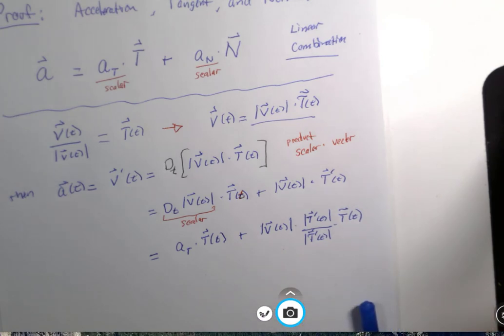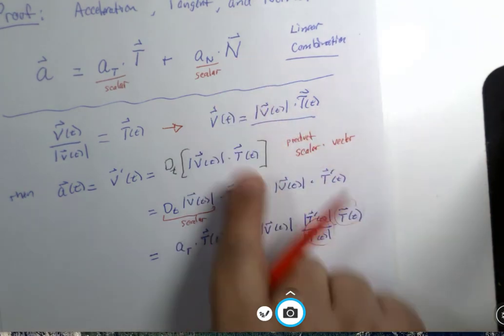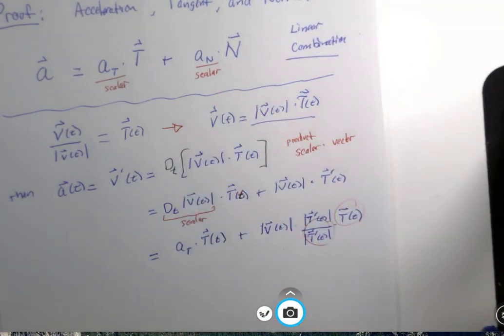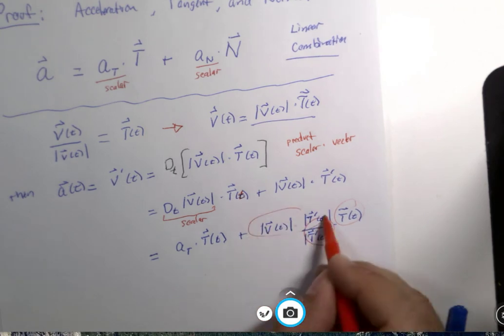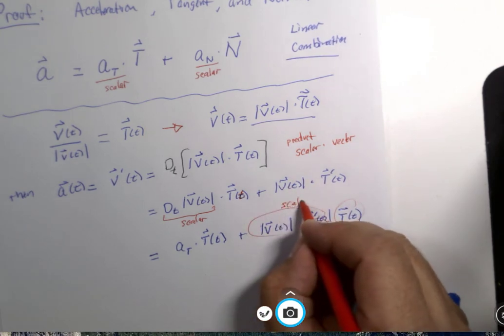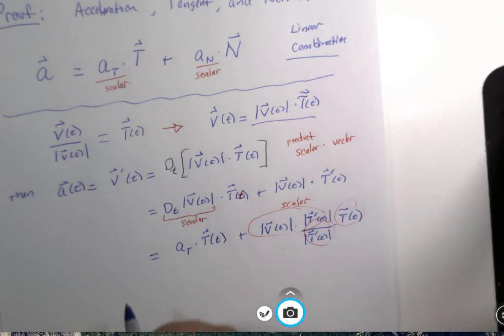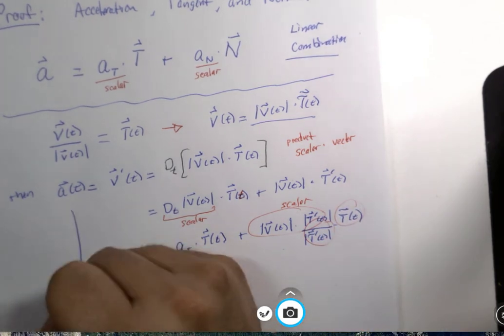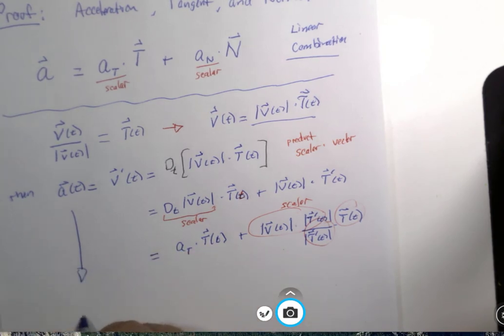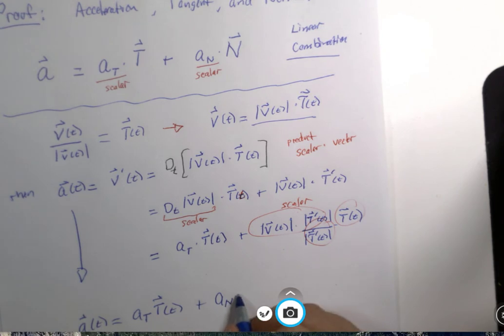And please note that this is the principal unit normal vector. That's the definition. So once again, I have a scalar multiplied by, in this case, the normal vector. So I truly end up with acceleration is some scalar times the tangent unit vector plus some other scalar times the principal unit normal vector.